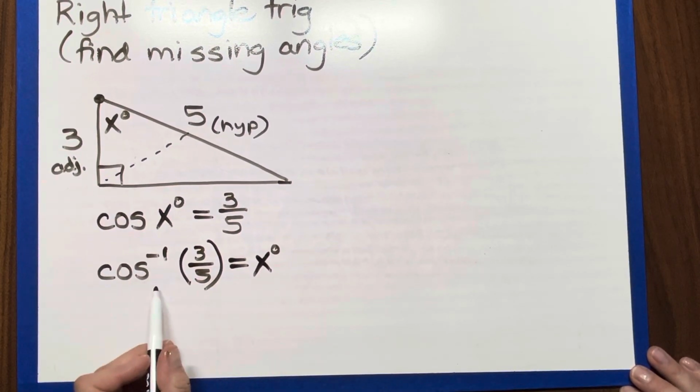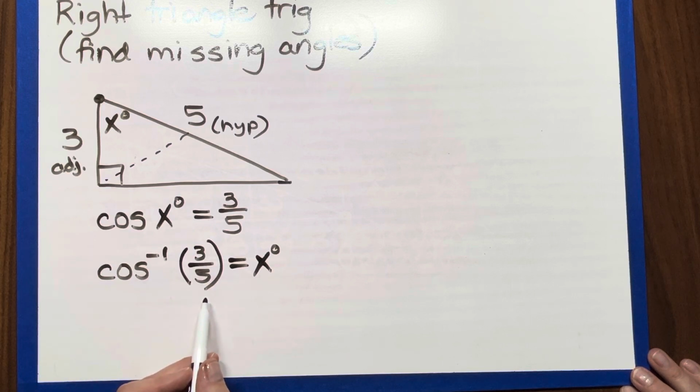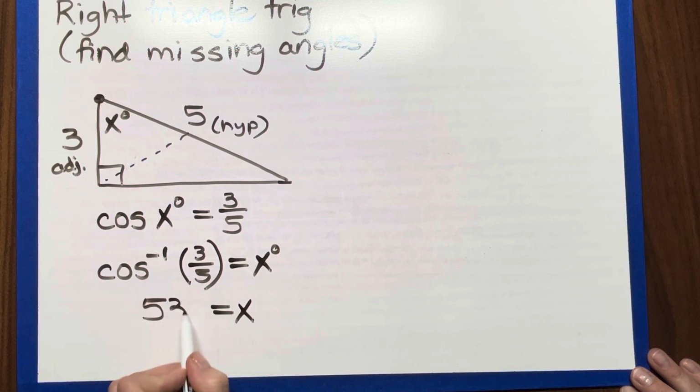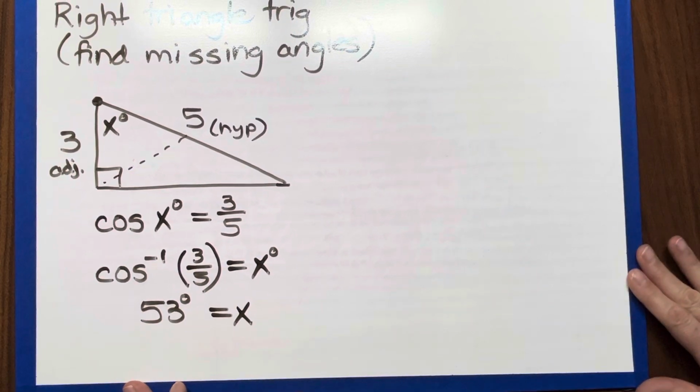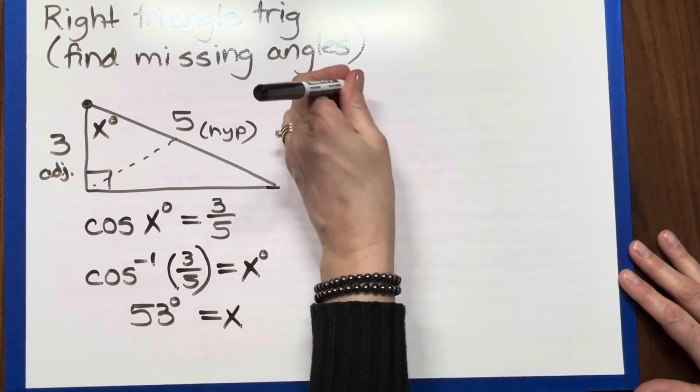So locate this on your calculator, enter in the 3/5, and then we will round our angles to the nearest whole degree. When we take the inverse cosine of 3/5, we get approximately a 53-degree angle. Again, make sure that you are in degrees and not in radians when you're going to find what your angle is. Let's try one more of these.